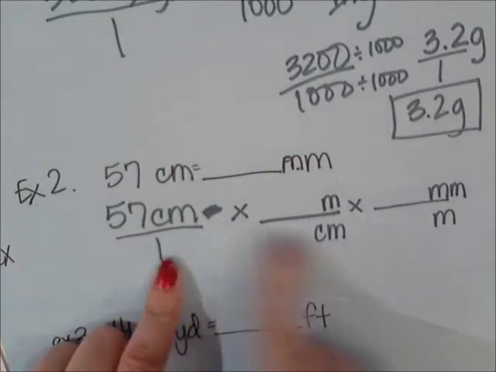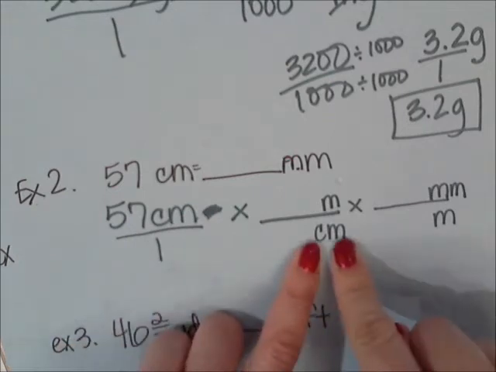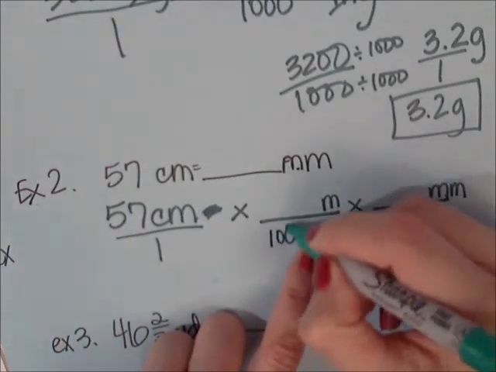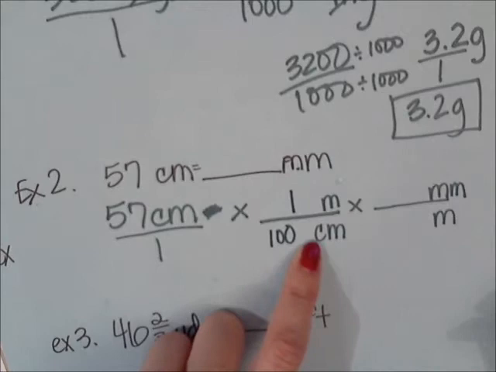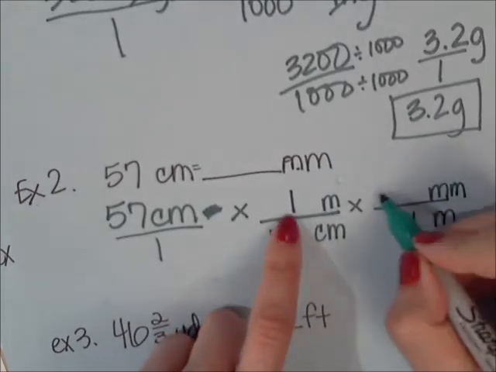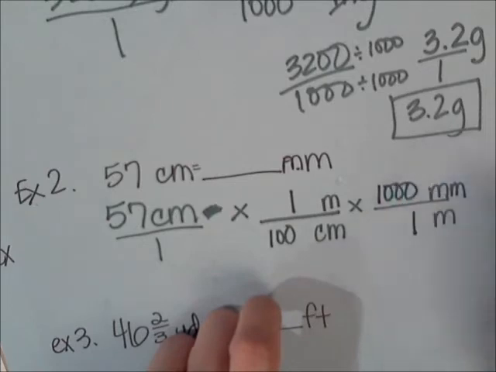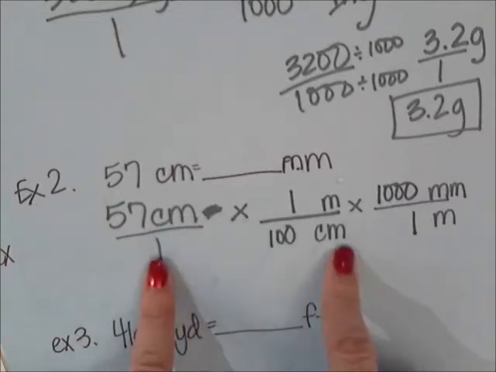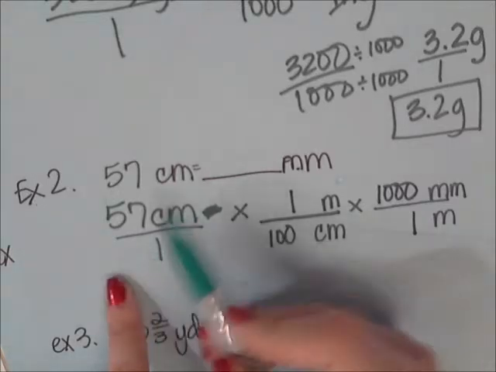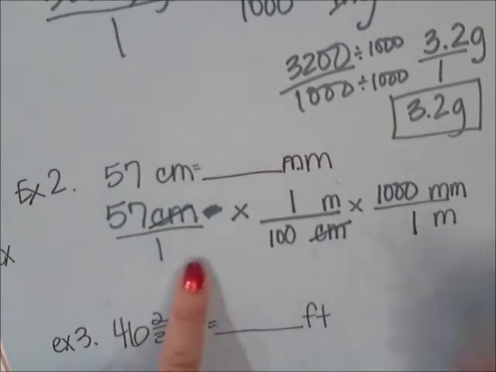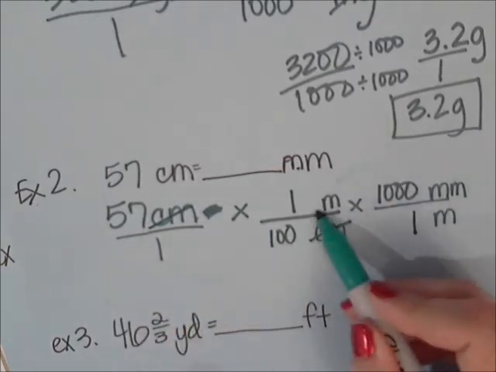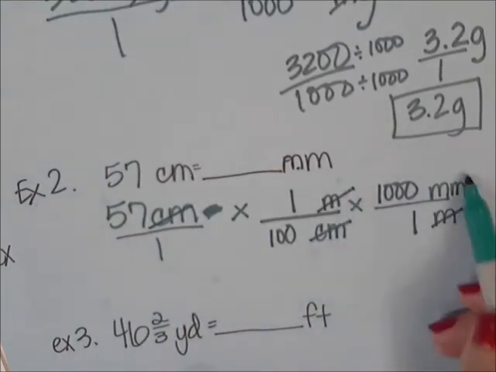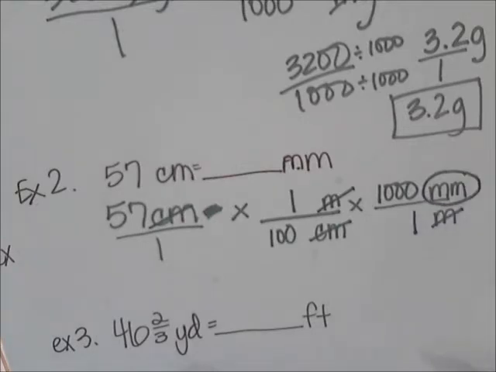Then I write my multiplication sign like last time and then my line. Now I have centimeters across from centimeters, and I know that there's 100 centimeters in 1 meter. I also know that in 1 meter, there's 1,000 millimeters. So I have set myself up by putting centimeters diagonally from centimeters so I can cancel them out. Then I'm going to cancel out my meters and meters. And look at that, I end up with the millimeters that I wanted.